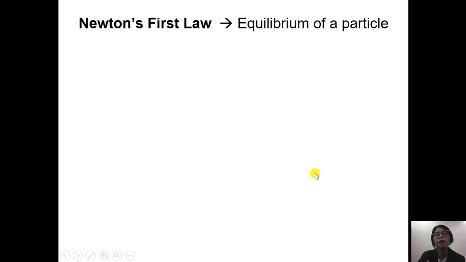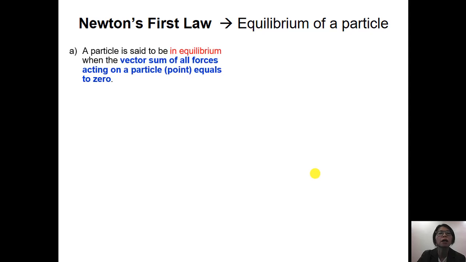So Newton's first law brings us to what we call equilibrium of particles. A particle is said to be in equilibrium when the vector summation of all the forces acting on that particular particle or object is equal to 0. So if we write it in mathematics, it means that the summation of forces is equal to 0. Then class, we understood that force is a vector quantity.